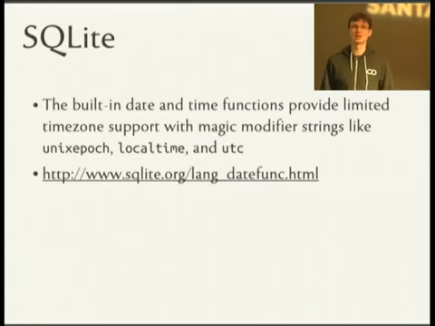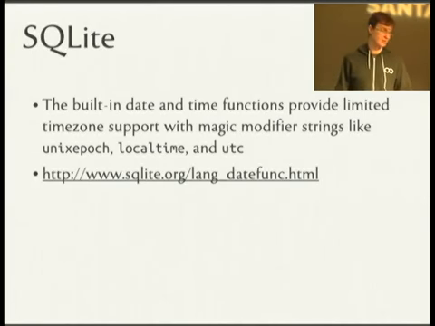SQLite has some built-in date and time operators to translate between Unix timestamps, POSIX timestamps, local time, and a UTC string. It only knows about local time and UTC, and so again, it'll probably mess up all of your daylight savings things, but if you're using SQLite, you probably have just a local application, and maybe it's okay to just display what's the local time for this thing that's right around now. That might be okay for you.